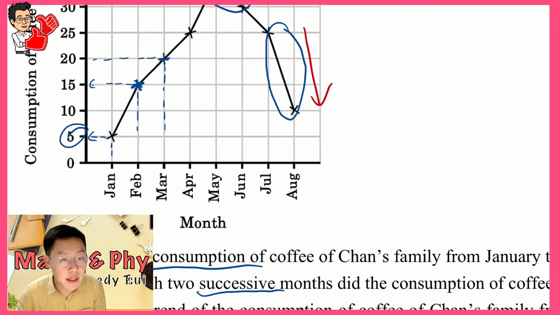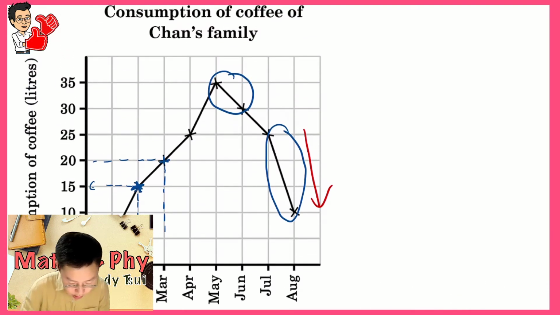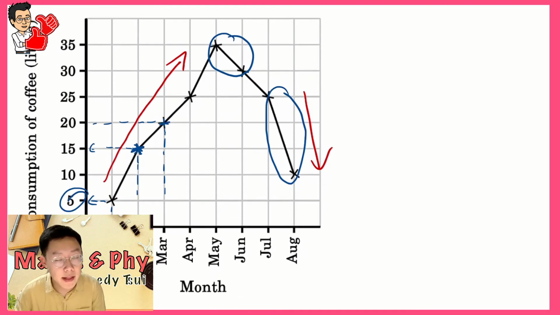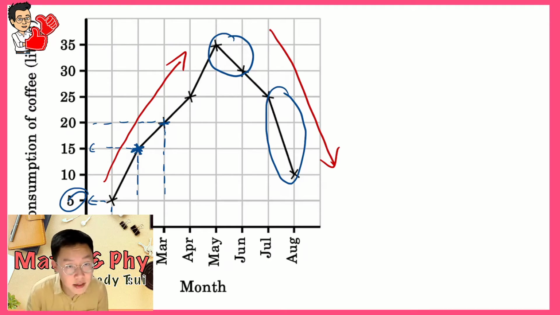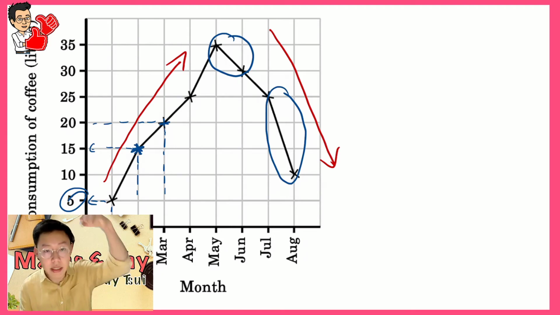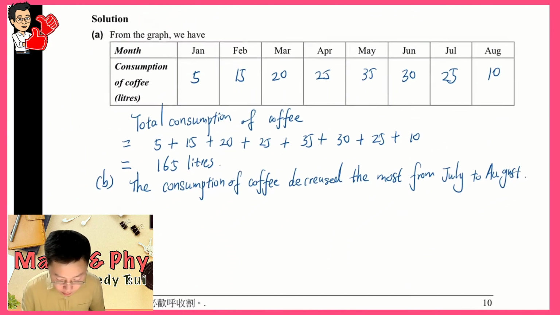From January to May, you can see the consumption of coffee increases gradually. And then after May to August, the consumption of coffee decreases gradually as well. So at the left hand side it increased gradually. However, for the right hand side it dropped gradually.